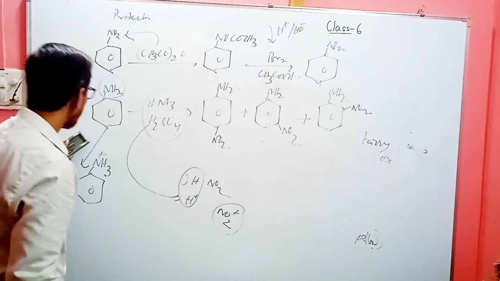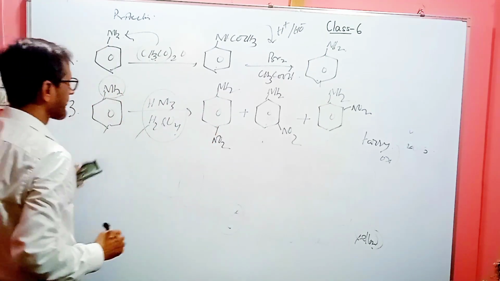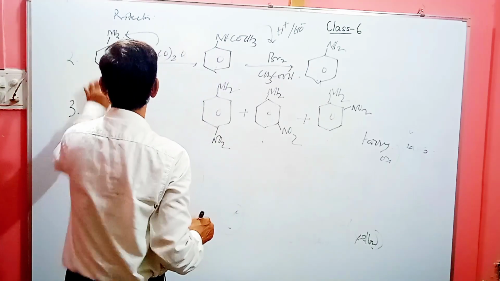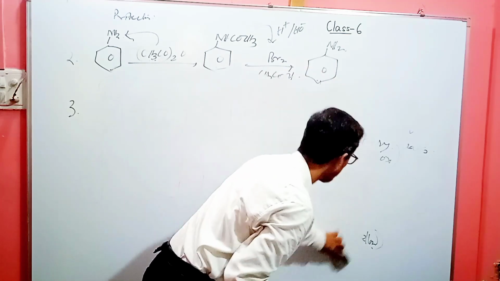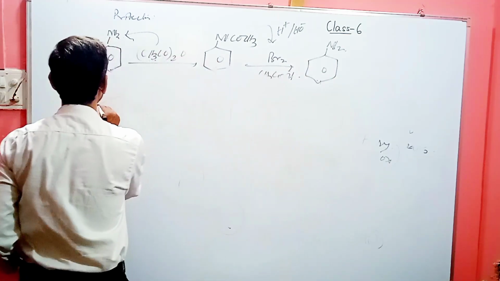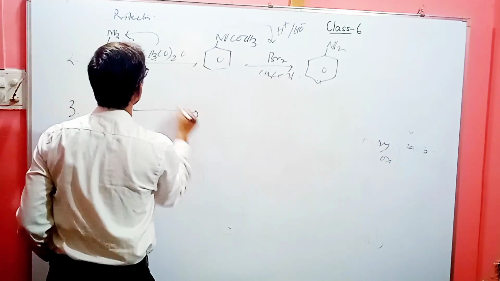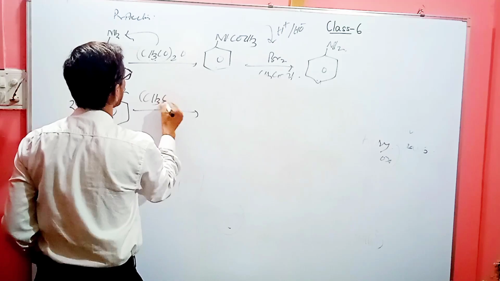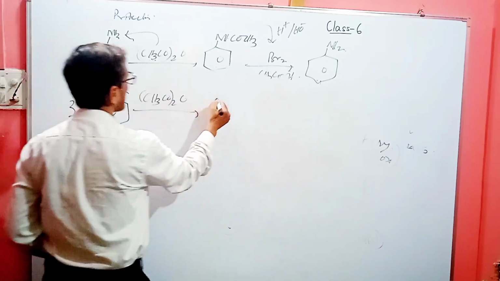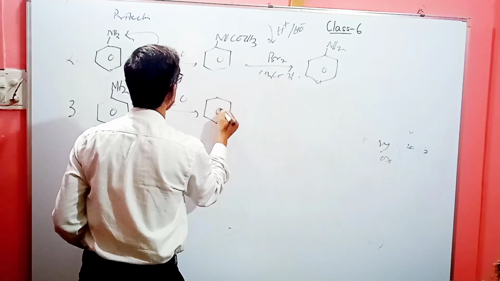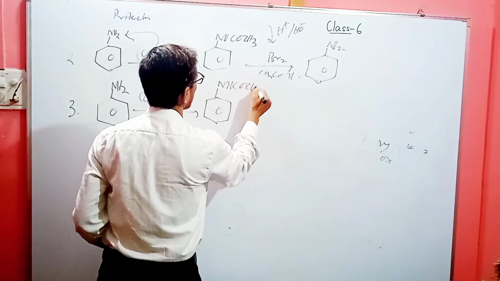So if you want to get the desired product, then we need protection of this NH2. To protect this NH2, earlier we need to treat with this. One hydrogen is replaced by that group.